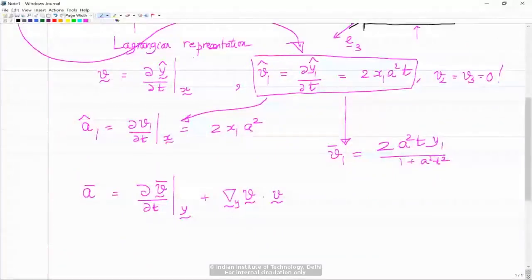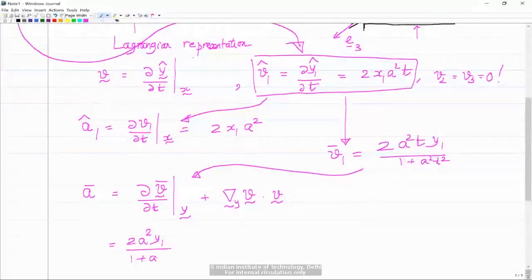So, using this representation, what is then the local part of acceleration? You have to keep y fixed and simply take the derivative with respect to time. So what you get here is, you have time present in both numerator and denominator. First take the derivative of time in the numerator, and what you get is 2 times a square y1 over 1 plus a square t square.